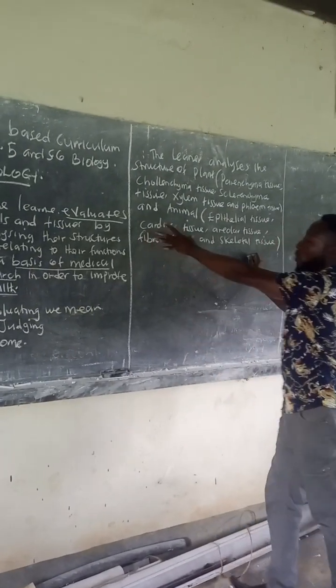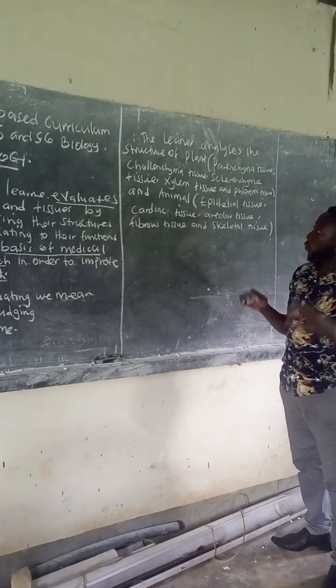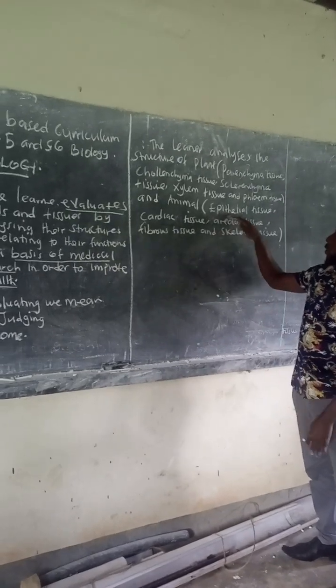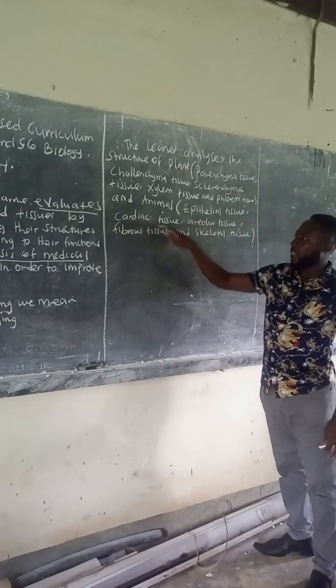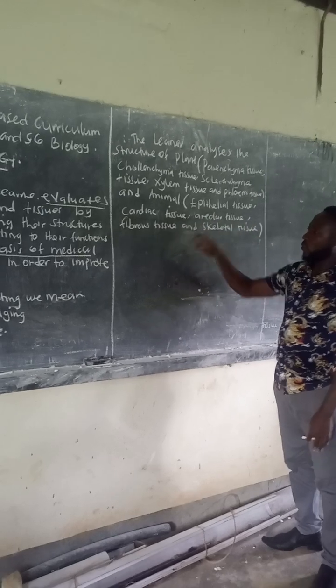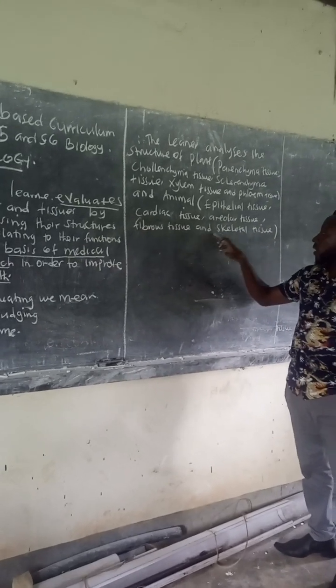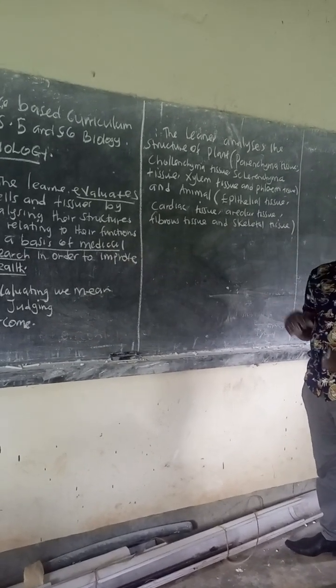These are the ones supposed to be studied under animal tissues. There are five. We have epithelial tissue, which is here. We have cardiac tissue, areolar tissue, fibrous tissue, and skeletal tissue.